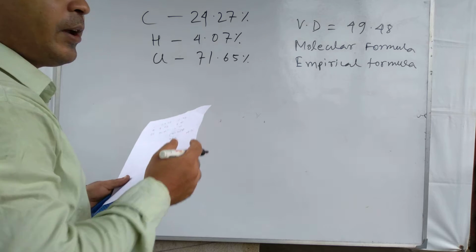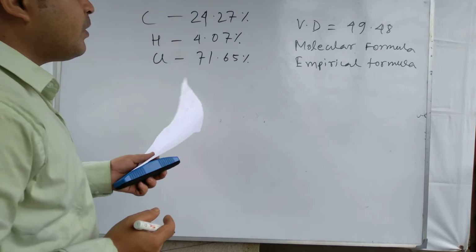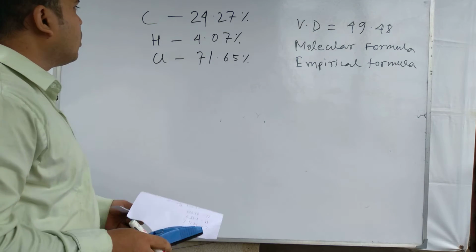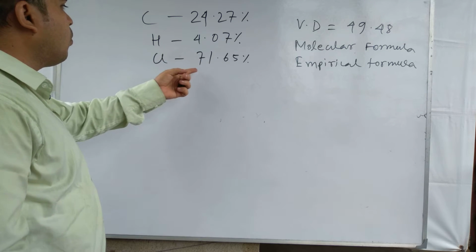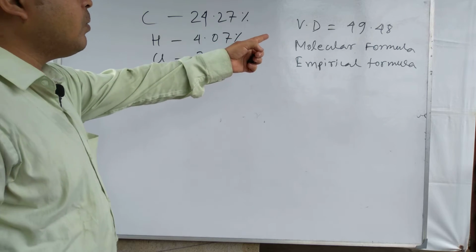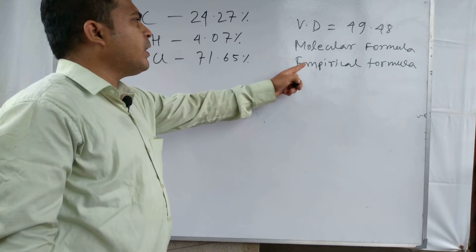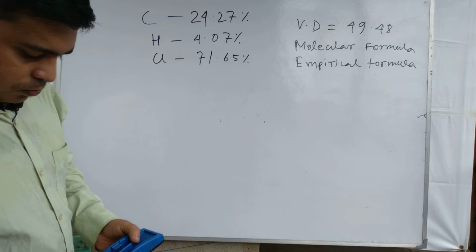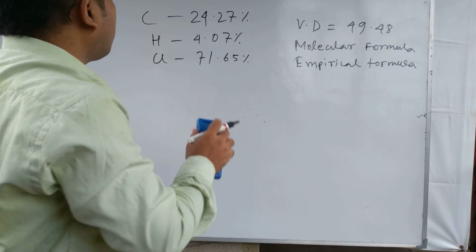So this is the problem: carbon present in this compound is 24.27, hydrogen 4.07, chlorine 71.65, and the vapor density of the compound is 49.48. We have to calculate the empirical formula and molecular formula. So we start here to solve this problem.